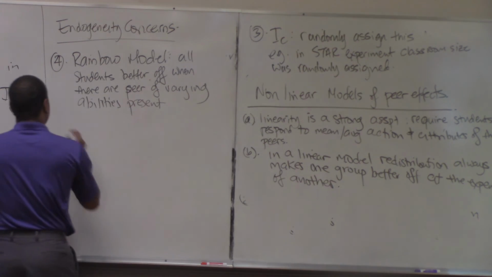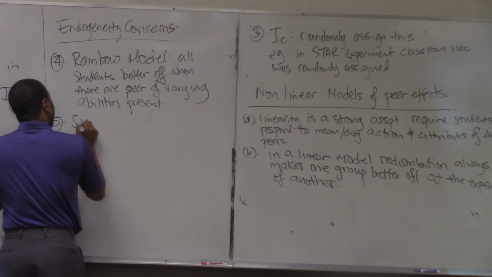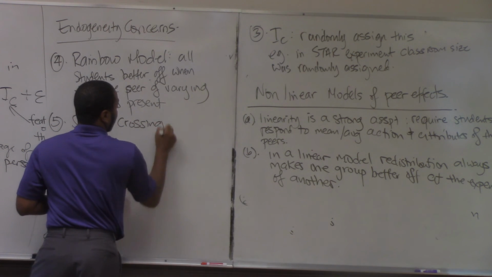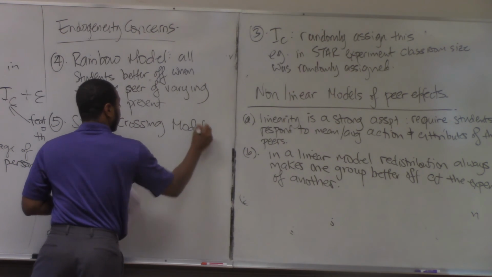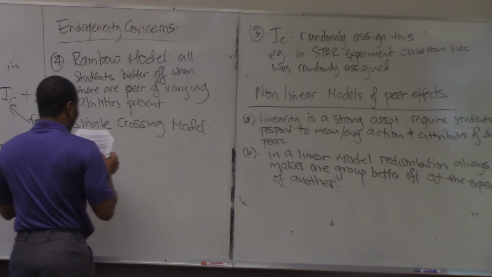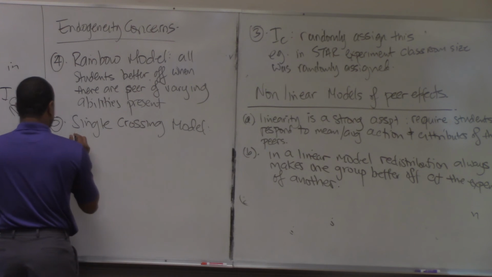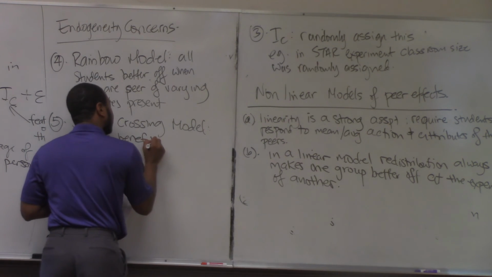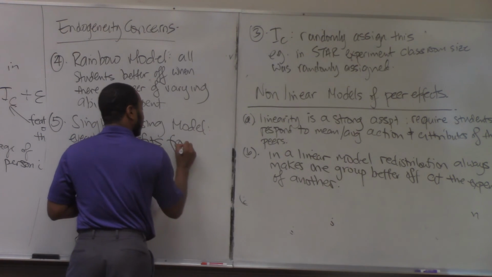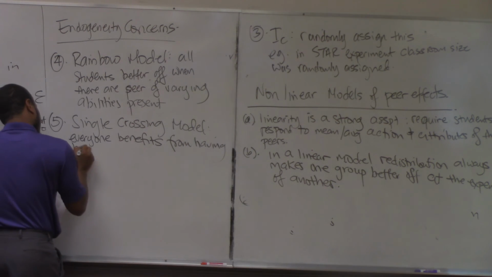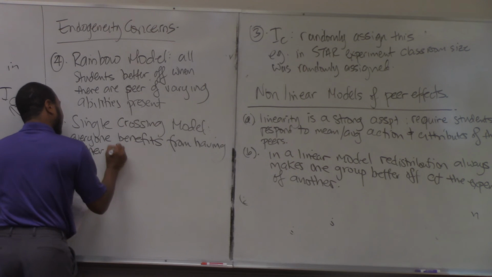Okay. Number 5, single crossing model. This says that everyone benefits from having higher ability peers.